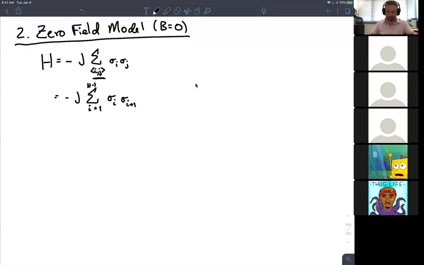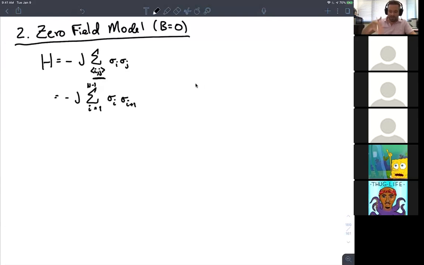The I picks out a spin, and the I plus 1 gives me the spin right next to it, so that term is the contribution of those two spins. Then when I move on to I equals 2, I stick with this spin and add up the spin on the other side, and I just keep doing this all the way down the chain.